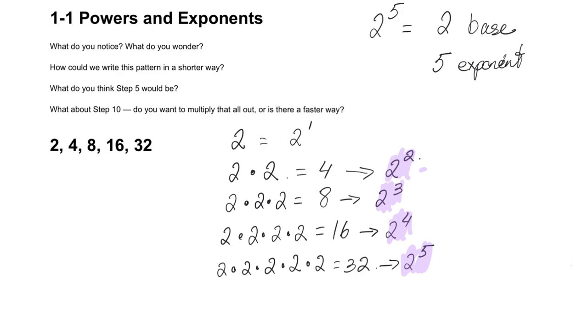That tells us how many times that number is being multiplied, as you can see from the example here, right? 1, 2, 3, 4, 5.